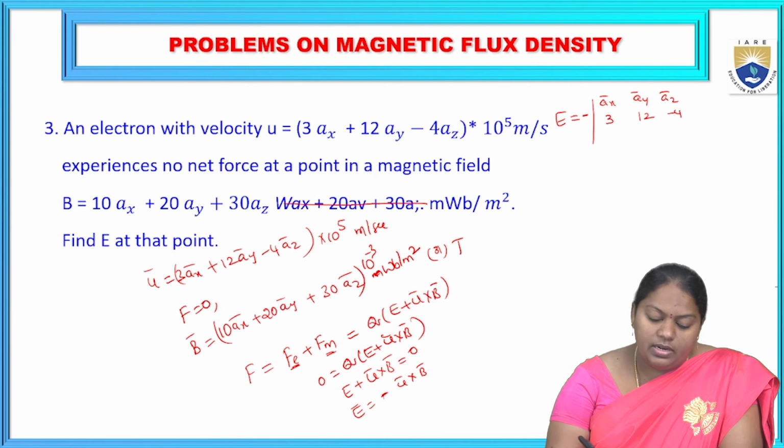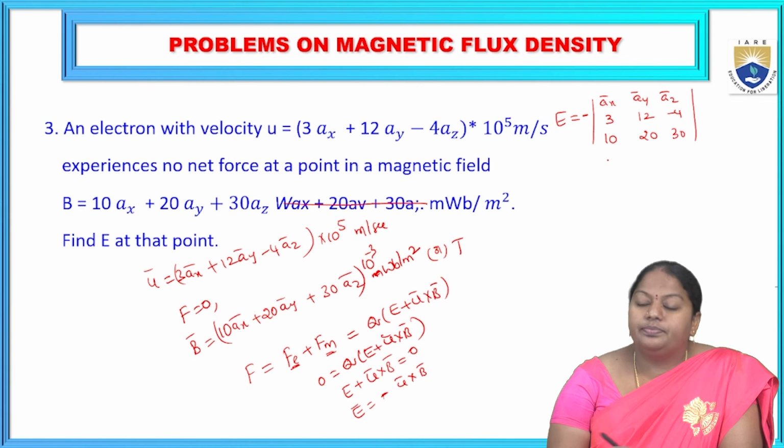And the B vector is 10, 20 and 30, right? Which is equal to... So now to evaluate this one, first E equals minus AX into 12 into 30, that is 360.